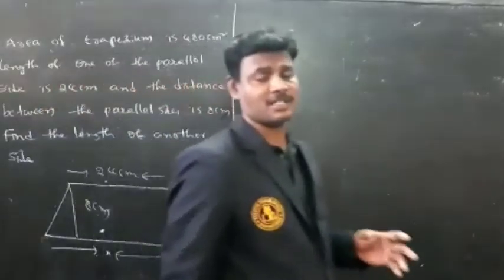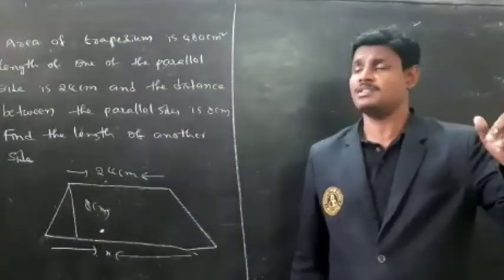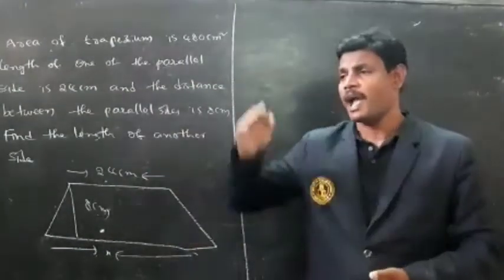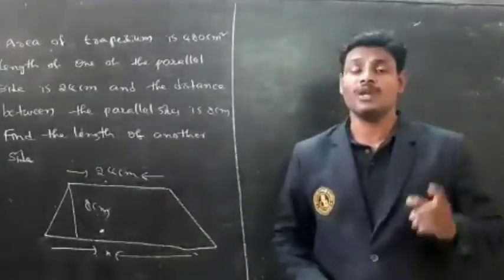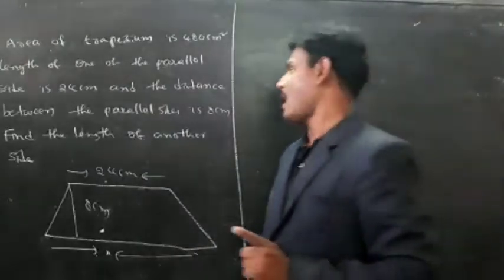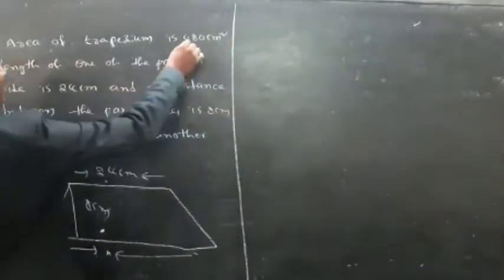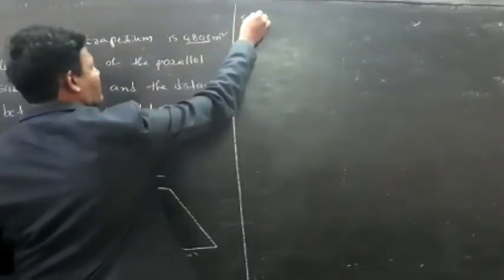Here is the question: a trapezium. The length of one parallel side is 24 centimeters and the distance between the two parallel sides is 8 centimeters. You have to find the length of the other parallel side. And here the area of the trapezium is 480 centimeters square. Solution.